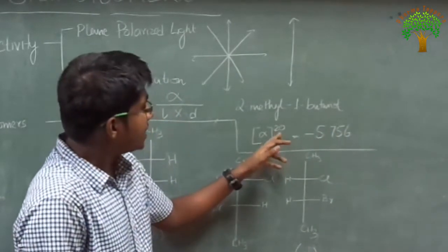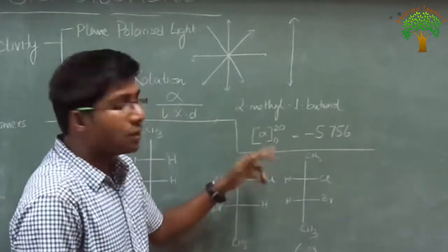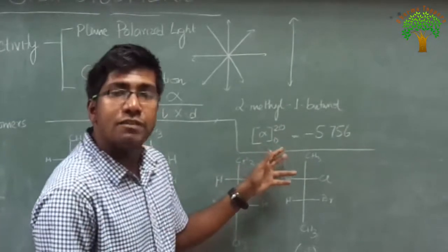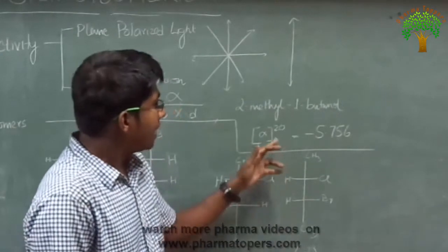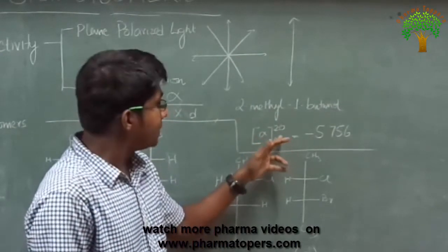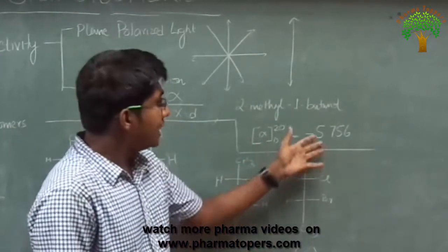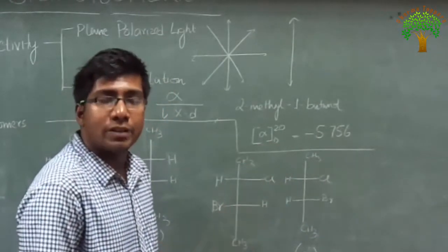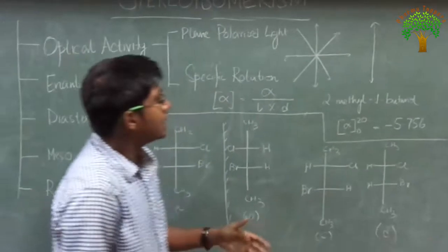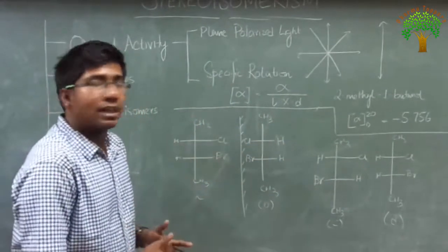Now this 20 is the temperature and D is the wavelength of light used, the D line of sodium light. Mentioning this is important because the degree of rotation can vary with temperature and also with the wavelength of light. Now you understand what optical activity is.